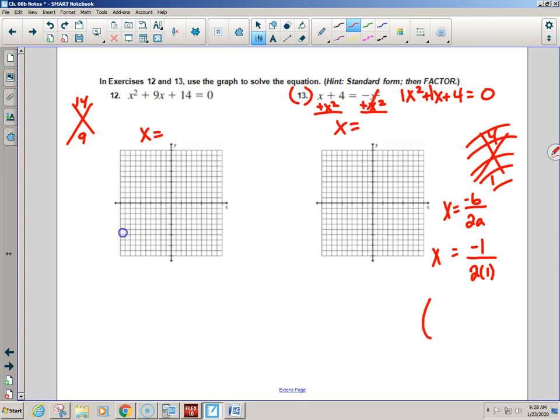He would be our vertex x, and whenever we have an x, all we have to do is plug in to find the y. So we would come back up here and say, who is f of negative 0.5? As I showed you guys, if you have a good calculator, you can put in negative 0.5 squared plus negative 0.5 plus 4.